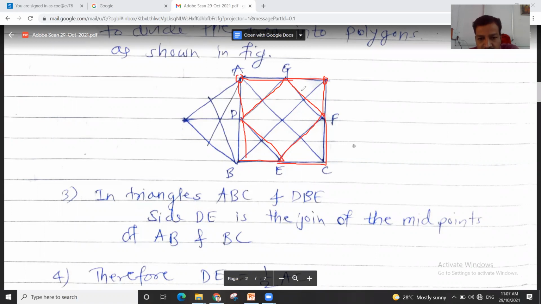All are similar. This side we know, AD is a/2.